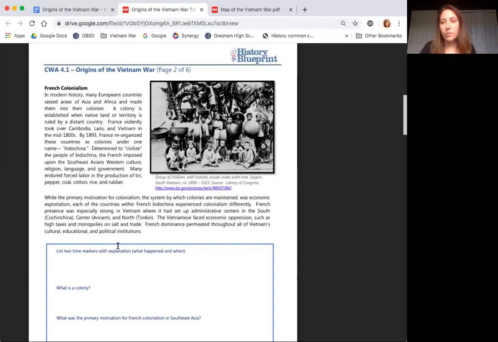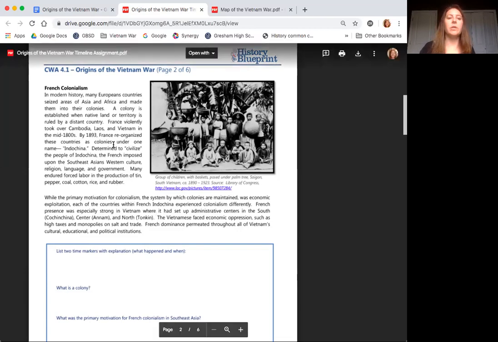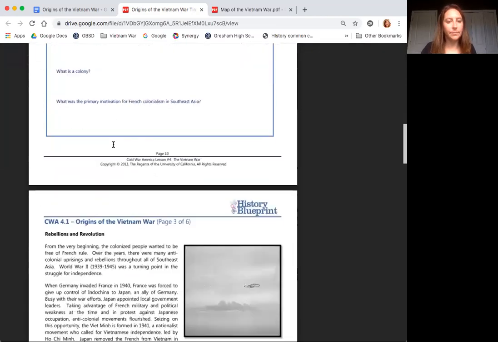And just like we saw in other places in Africa, the exploitation and the use of the resources there was the main reason for their occupation. Vietnam is known for its rubber, as well as other crops, but that's a big deal. So the second page talks about the takeover by France.